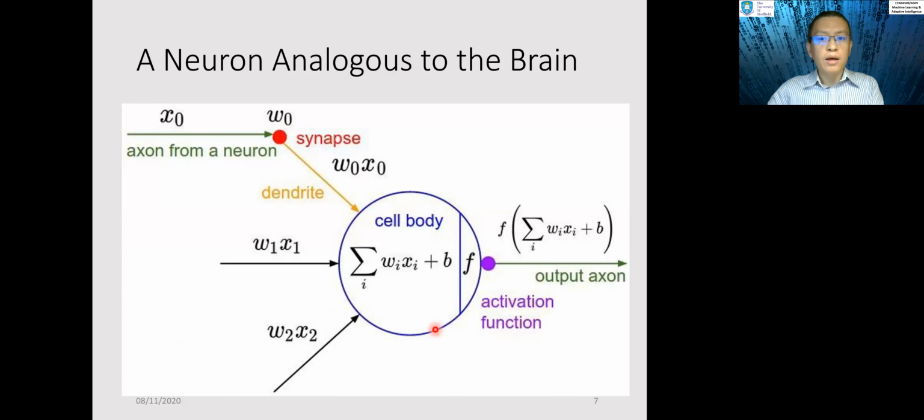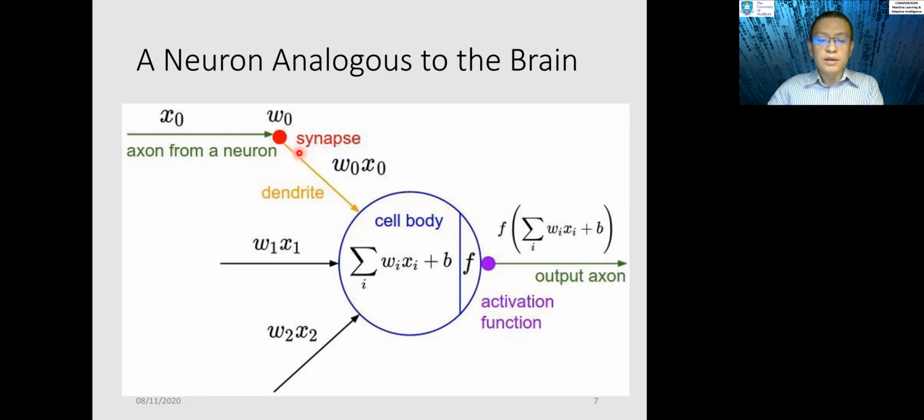So this is an analogy to the real neuron. The axon from a neuron is basically the input. And here is a dendrite, which will provide the input to our neuron.